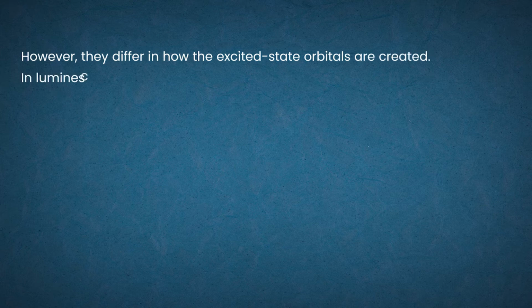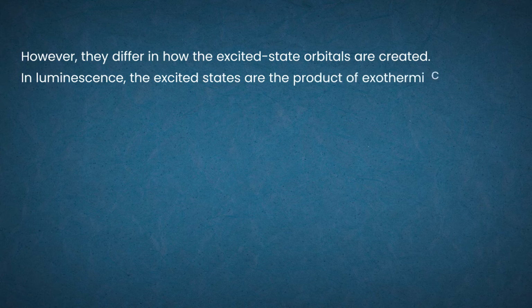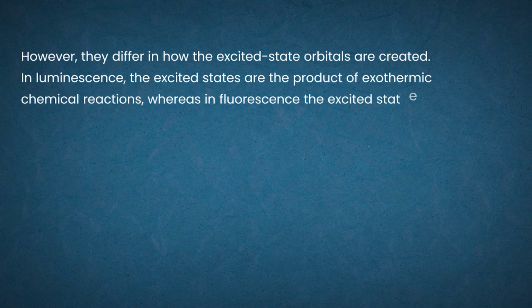In the case of luminescence, the excited states are the product of exothermic chemical reactions, whereas in fluorescence the excited states are created by absorption of light.